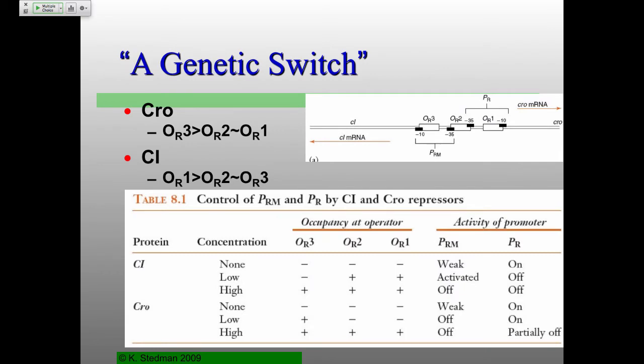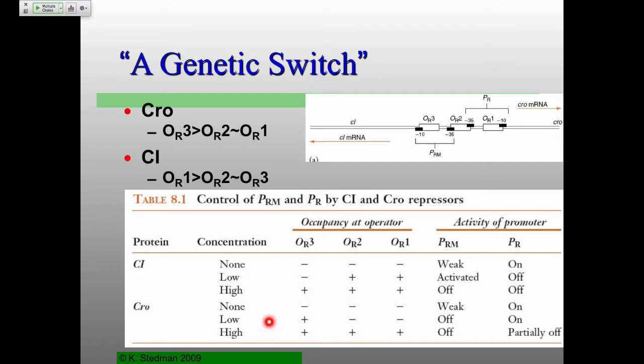So it's all about the relative concentrations of CRO and C1. And someone asked me about this after lecture the other day. It's really all about these concentrations right here, the low concentrations of C1 and low concentrations of CRO. So the low concentration of C1, it's bound to these two operators, OR1 and OR2, and OL1 and OL2, which activates the promoter for repressor maintenance and turns off PR in the case of low C1.